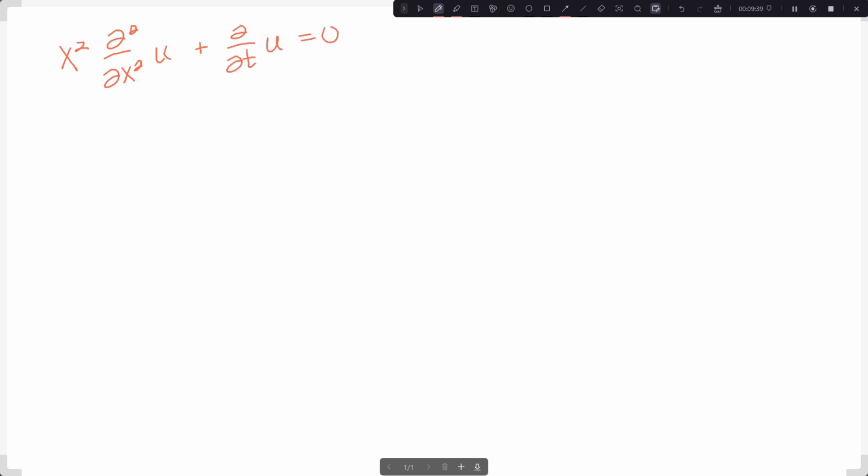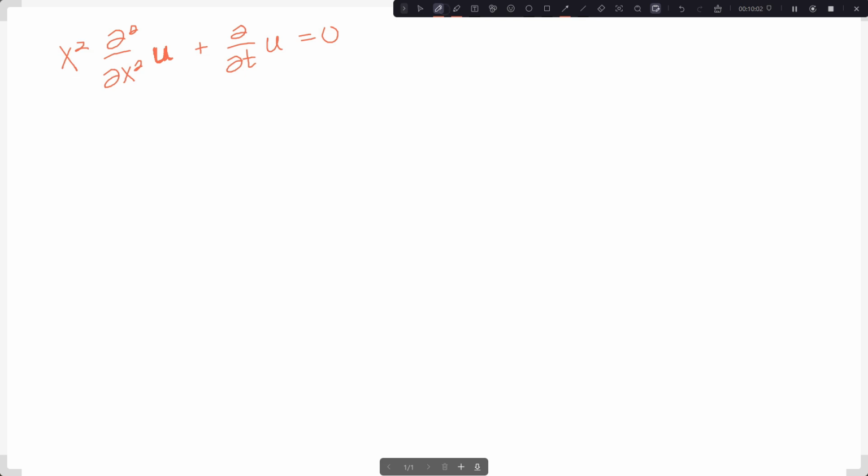u equals 0. So this looks like it could be like our heat equation, and in fact it is kind of like the heat equation, but it's not 100%. It's like a modified heat equation because you have the x squared out front. And the x squared out front definitely modifies this away from where our heat equation has a solution.